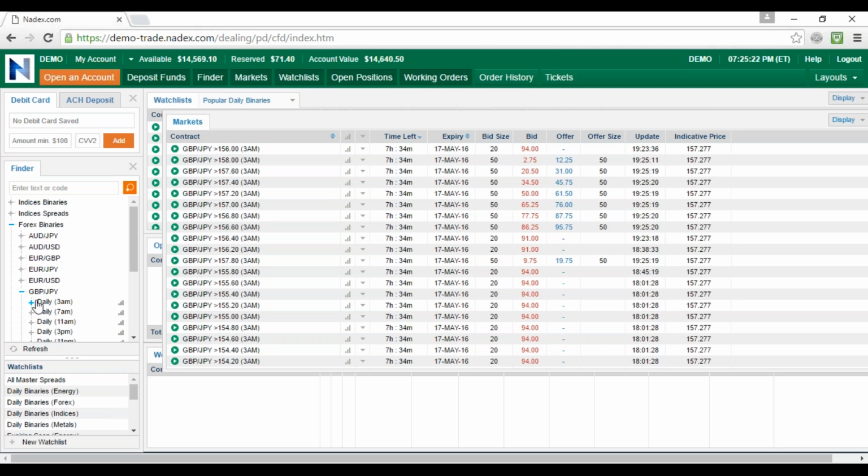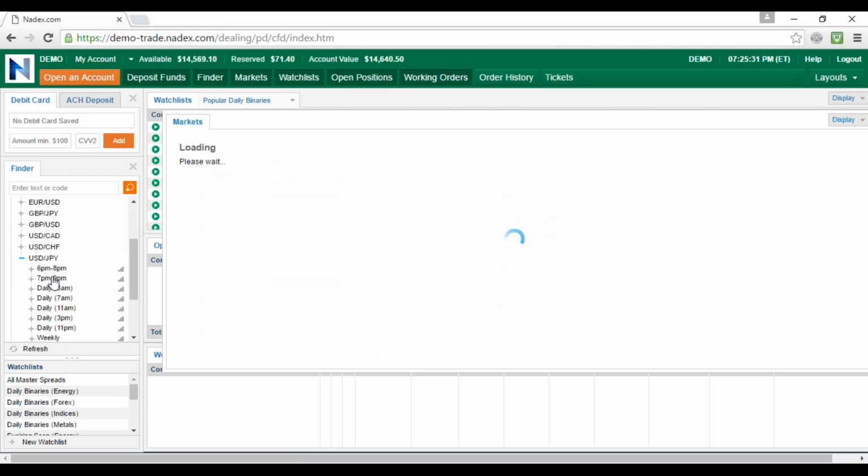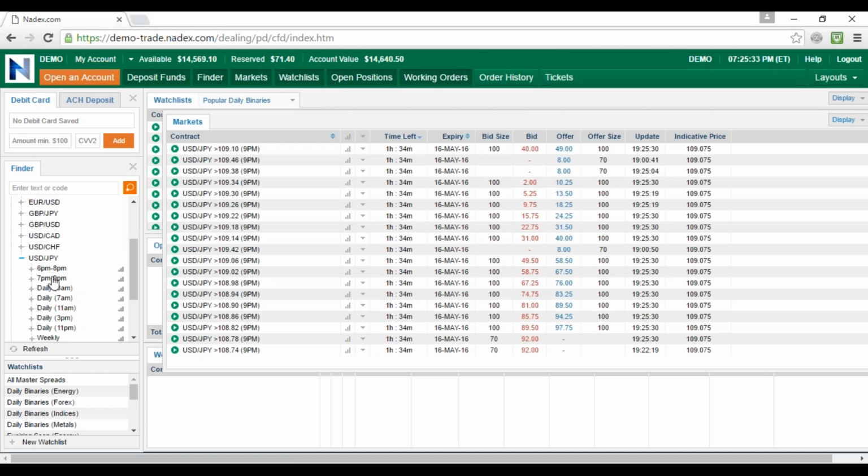We have what's called at the money binaries, which means if the binary strike price is right close to the same as where the market is, the binary is going to be priced around $50. Look right here. See, this strike price is 109.06. The market's at 109.07. So see, these are around 50 bucks.